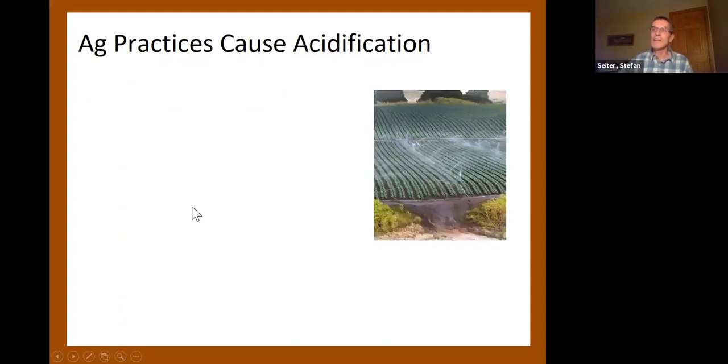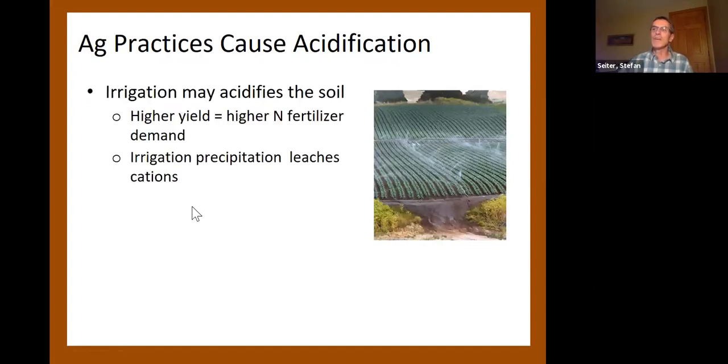And lastly, I want to mention irrigation. Irrigation usually means somewhat higher yield, at least in our region, and that means more fertilizer needed. That's one reason. The second is that when you irrigate, you leach these cations deeper into the soil, and then they're not available and the topsoil acidifies.